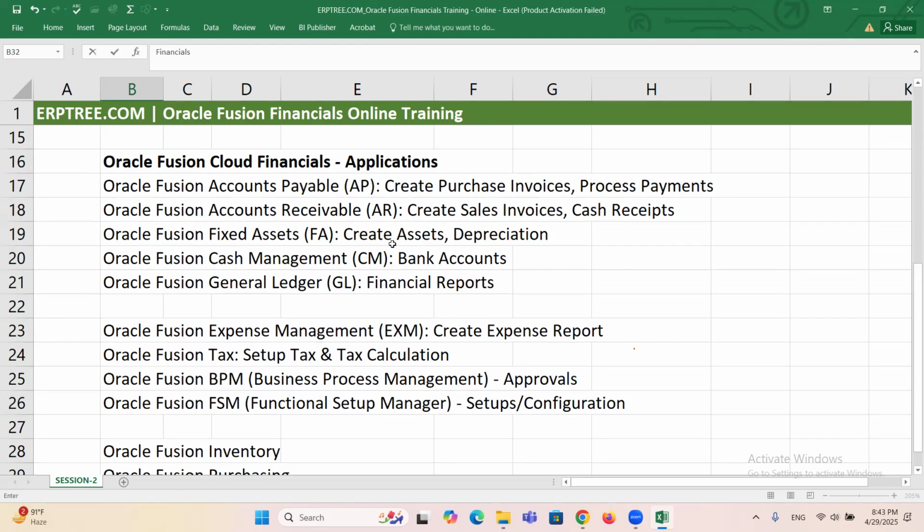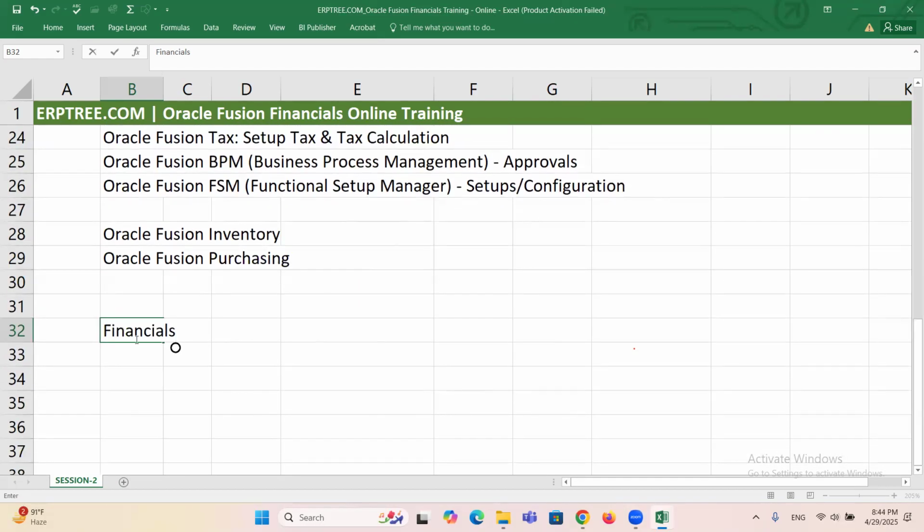If you talk about CM, cash management, bank accounts, so direct liquidity. And when you talk about GL, we maintain all the finance data which we record in all these applications. That means the applications dealing with money-related matters and transactions, put together, we call financials.